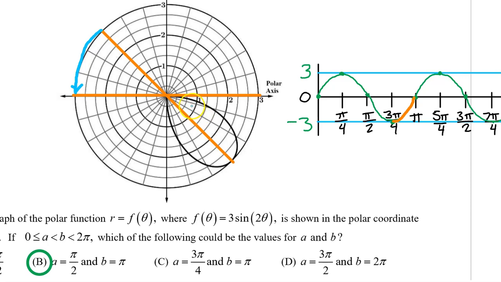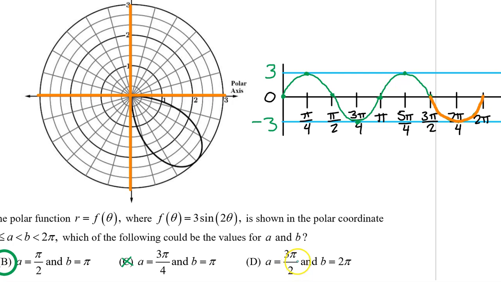So the r values will be on the opposite quadrant between here and here. So if C was the correct answer, we would only see this portion of the graph that goes like this. It would leave out the other portion of the graph. So C is not the answer.